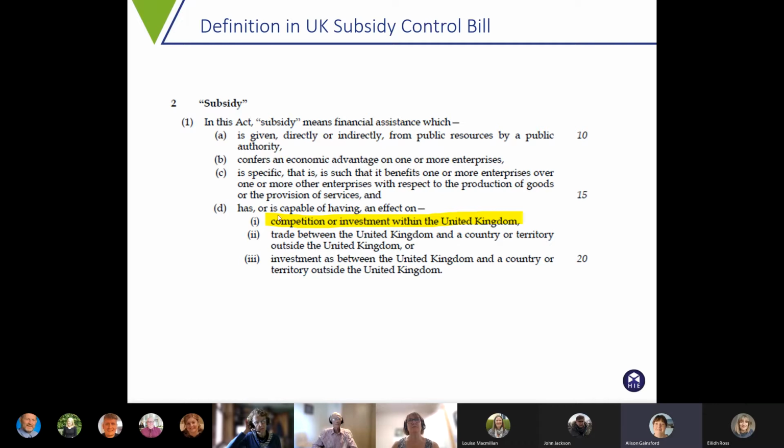So we've got: is it capable of having an effect on trade and investment, but also competition or investment within the UK. So this is the whole levelling up agenda and ensuring that there's no subsidy wars and subsidy races within the UK to get businesses relocating.